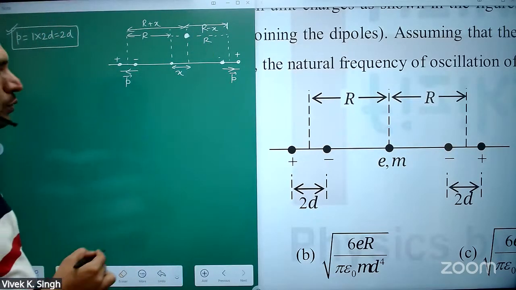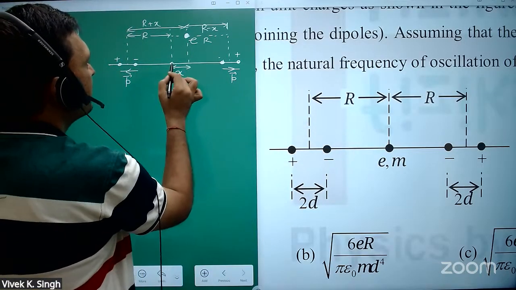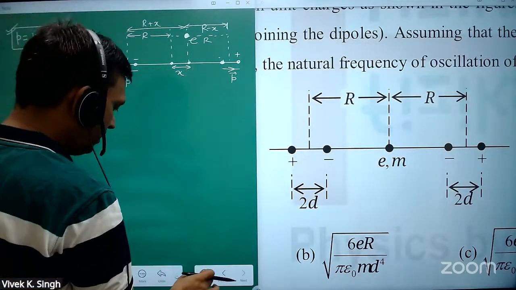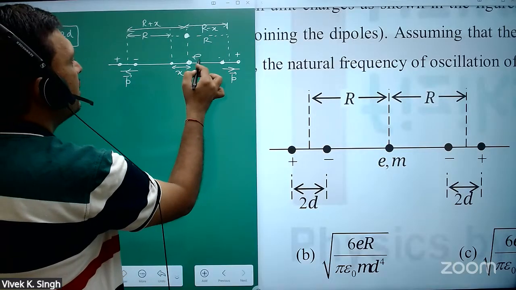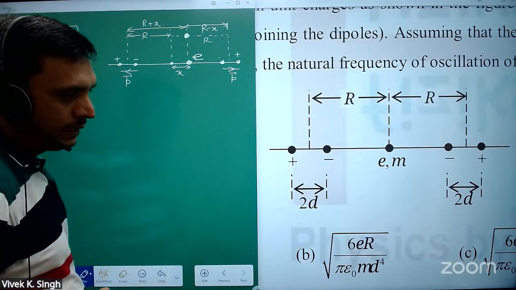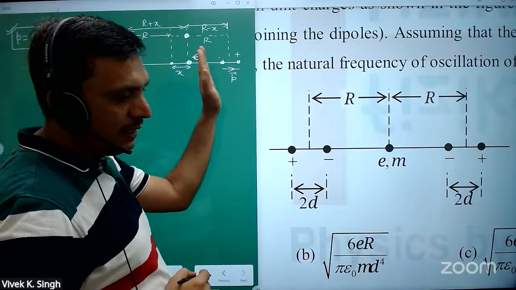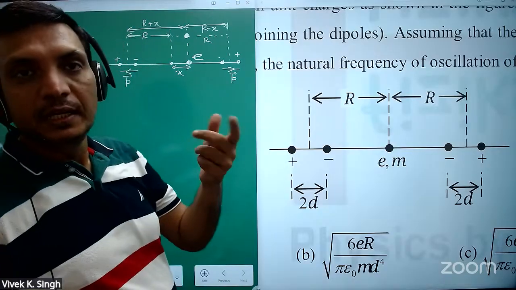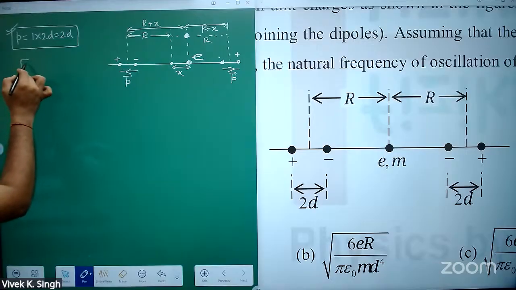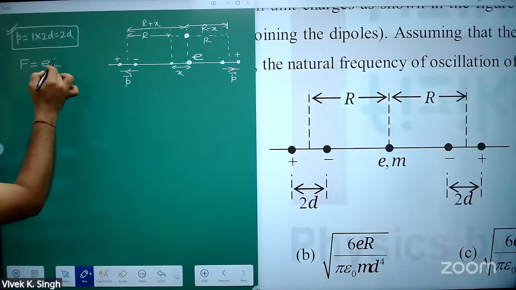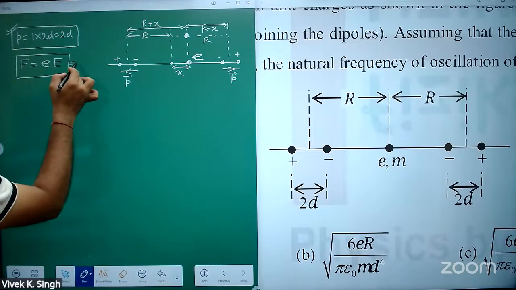What will be the force experienced by this charged particle E when it is slightly displaced to this point? You have to find the electric field. The force on the charged particle is given by F equals E into E. You want to write this in terms of Kx.